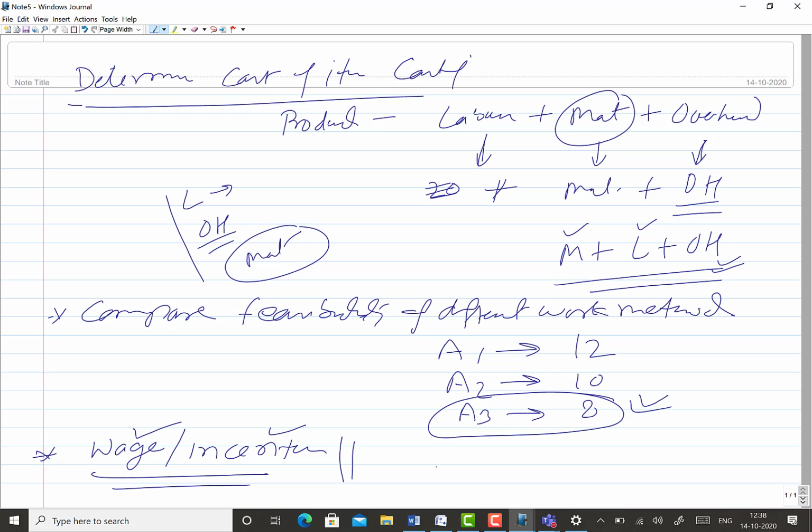Okay, so with respect to the output of the worker with respect to the standard of performance or standard output, incentives can be given, and how much the worker is contributing in terms of the number of units can be used as a basis for what wages can be given to the worker. Okay, so these are the different applications related with work measurement.